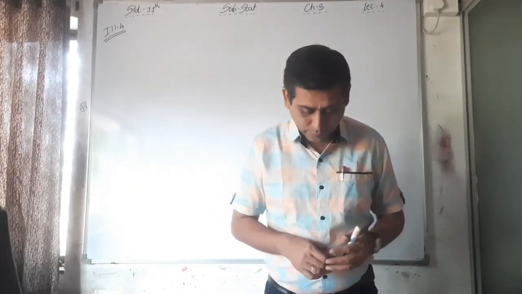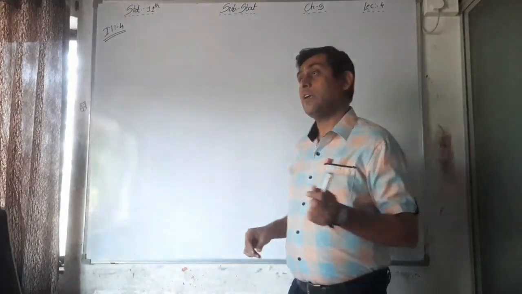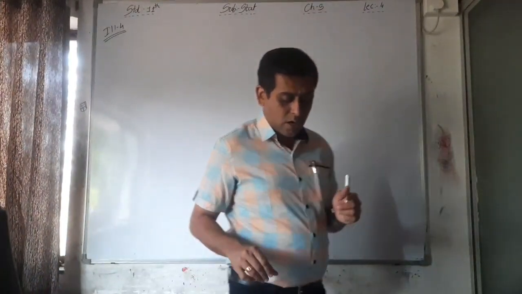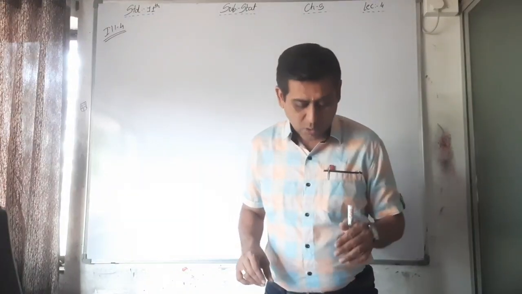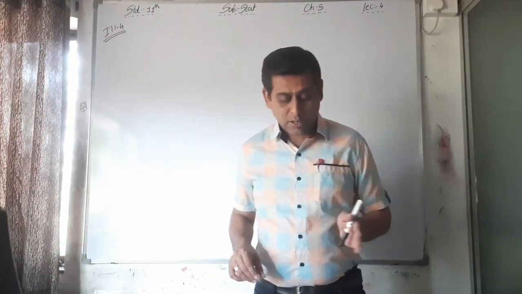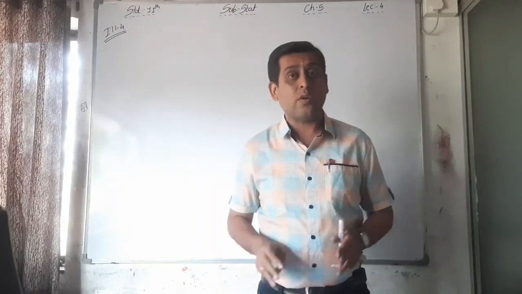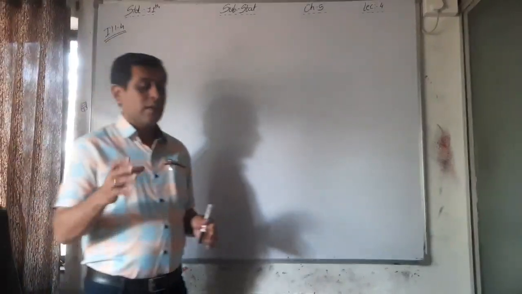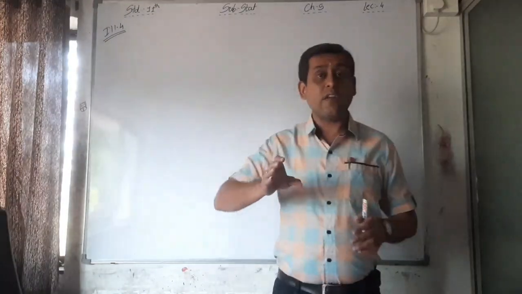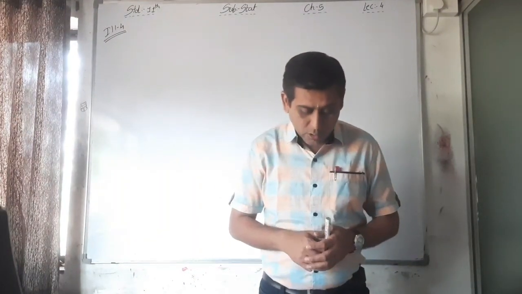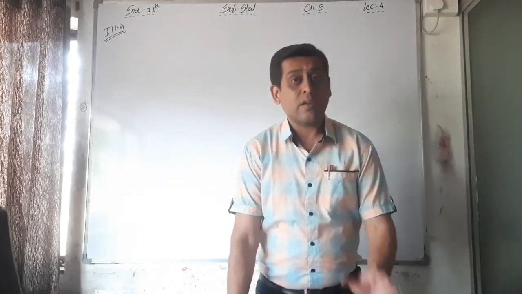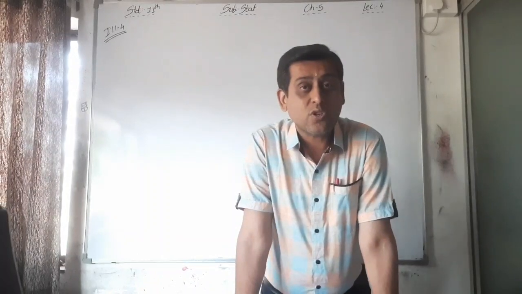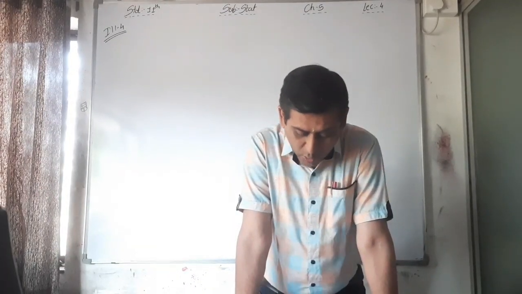Is the difference between all the groups equal? In the first three classes the interval is equal, but in the fourth the difference is more. The main thing here is the highest frequency. What is the highest frequency? The highest frequency is 120.